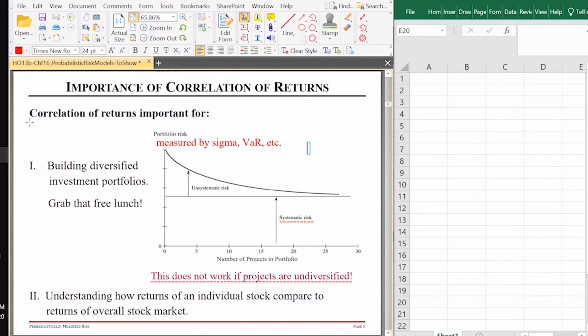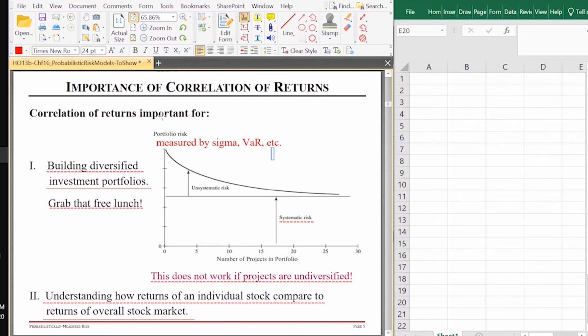So we're going to be looking at correlation first and foremost to help us build diversified investment portfolios. That's going to be first and very important in that lecture, and we're doing that to grab that one free lunch in finance. The second thing that correlation helps us with, and helps a lot of mutual fund and hedge fund portfolio managers with, is to understand how the returns of an individual stock compare to the returns of the overall stock market.